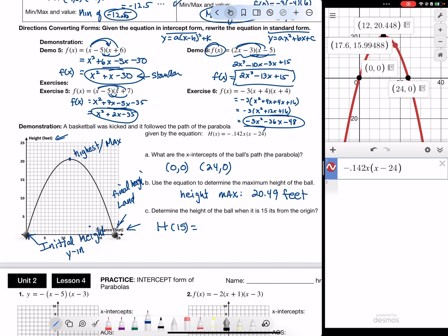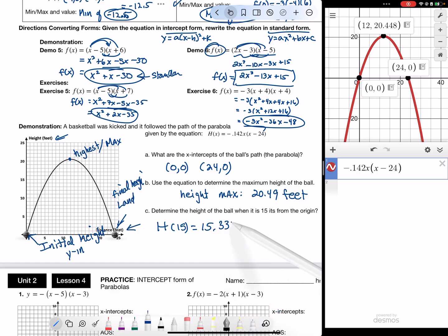It's hard to do this without moving your finger a little bit. 15.336, I think it comes out to.